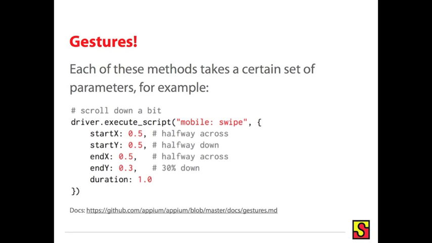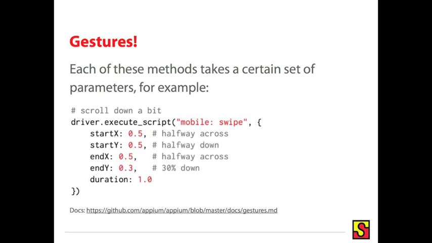And these are the parameters that mobile swipe takes: a start X and Y position, an end X and Y position, and a duration. In other words, how long the finger is on the screen. So in this example, we're starting right in the middle and we're moving a finger up to about 30% of the way down the screen. So it's a somewhat short swipe that takes a second.